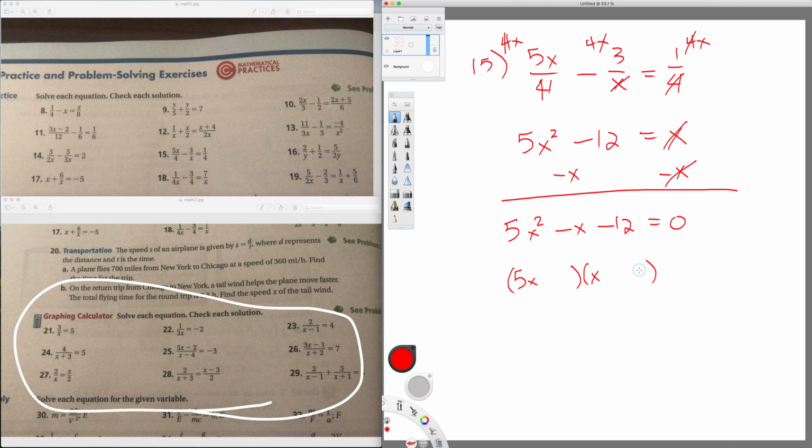If this is a 1, it'd be a 5 and a 12. If this was a 2, this would be a 10 and a 6. If this was a 3, it'd be a 15 and a 4. I'm not seeing that this is going to factor nicely at all. Maybe I'm missing something, but I'm not seeing that.